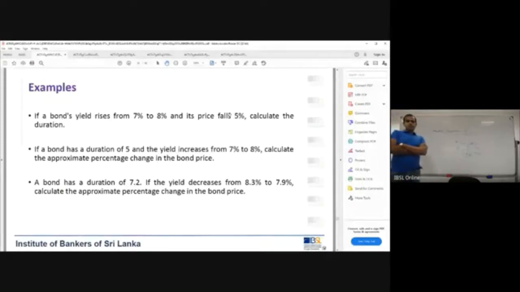Third question. The bond has a duration of 7.2. If yield decreases from 8.3 to 7.9, you have to calculate the approximate percentage change in the bond price.